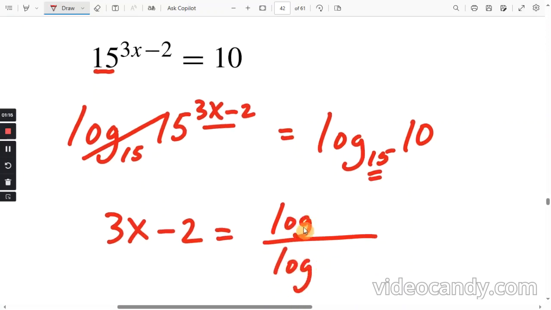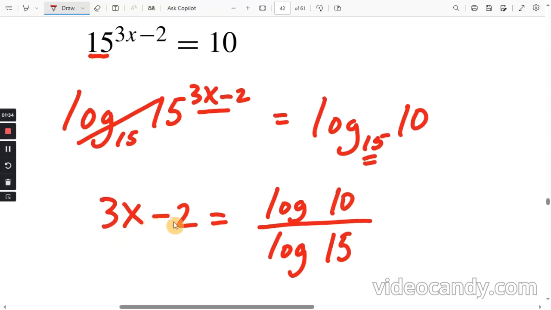As long as it's the same on the numerator and denominator, you're okay. The base goes on the bottom. That's how I remember it, base bottom. So that number is on the bottom, and that leaves the 10 to go on the top, or the numerator. And that's the toughest part.